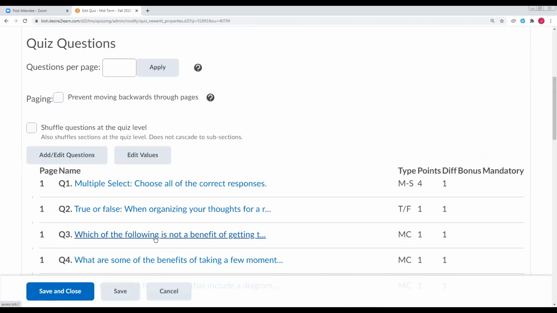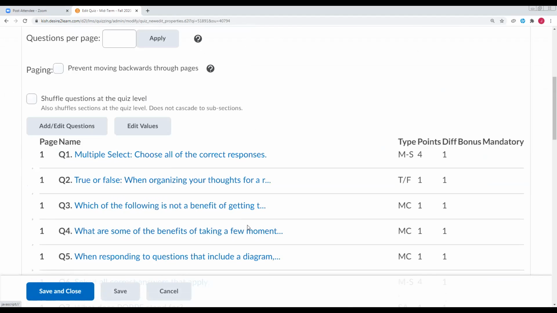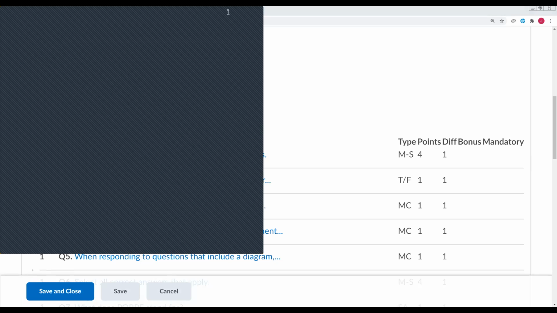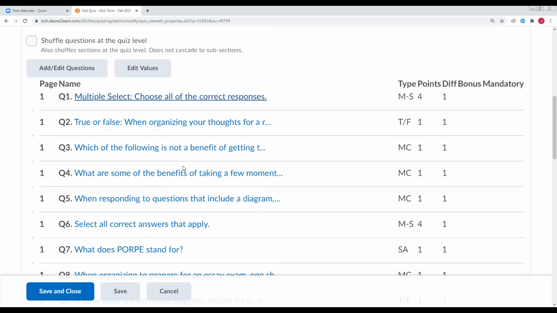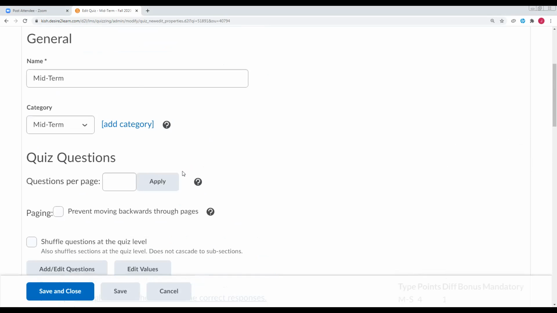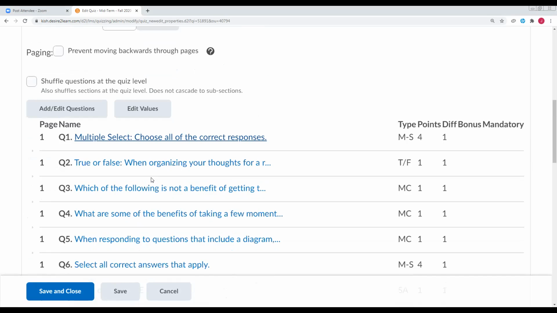Okay, so we have a number of multiple select and true and false questions, which get us started. Again, we're going to select all of the questions which apply, or all of the right answers which apply.